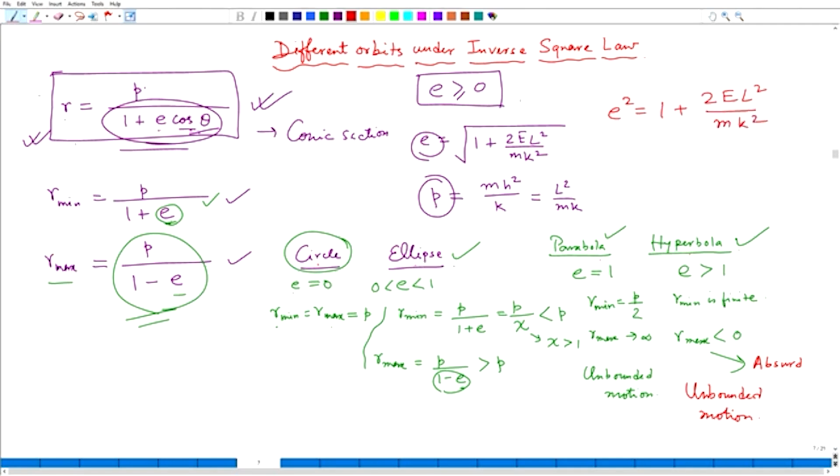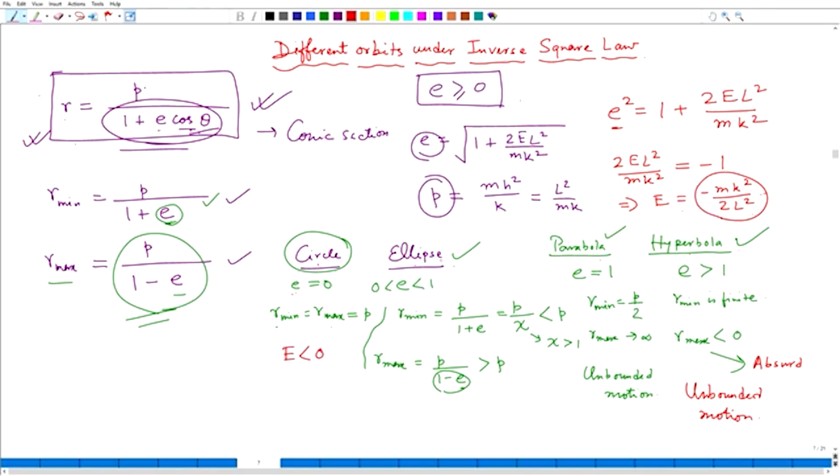If I say E is equal to 0, then 2EL square by mk square plus 1 is equal to 0, that means this is equal to minus 1, and your E is simply equal to minus mk square by 2L square, which, if you remember, is the case for the minimum potential energy, and your total energy is given by this one. Okay. So, your E is negative.